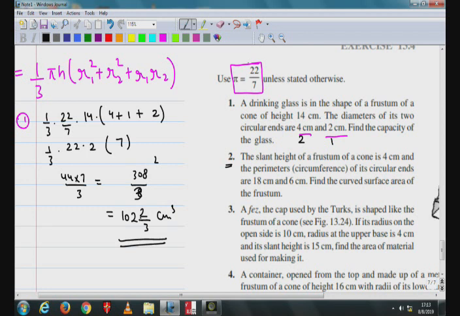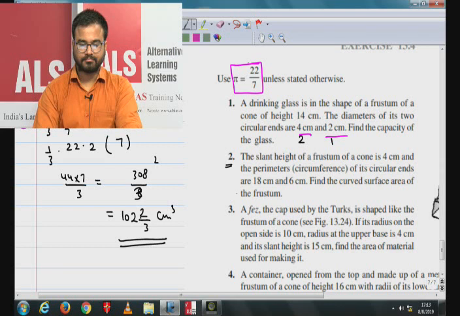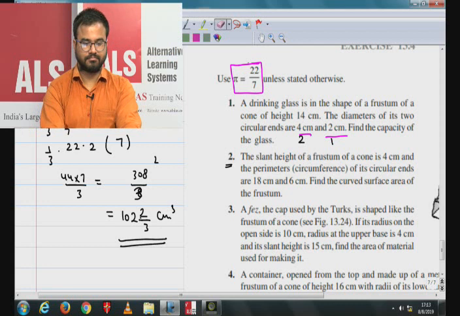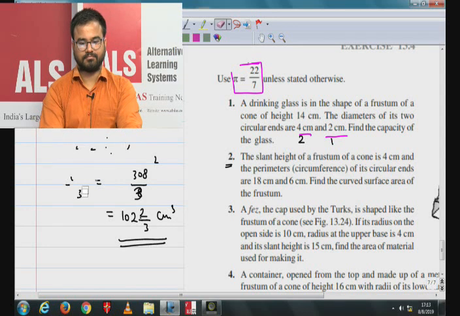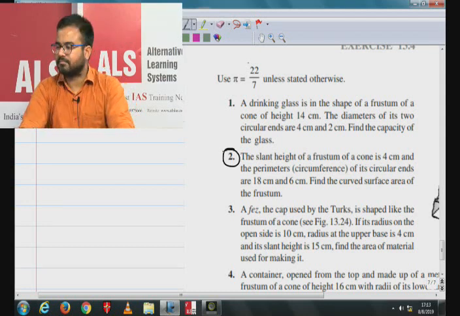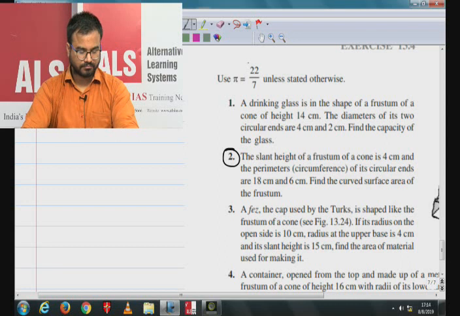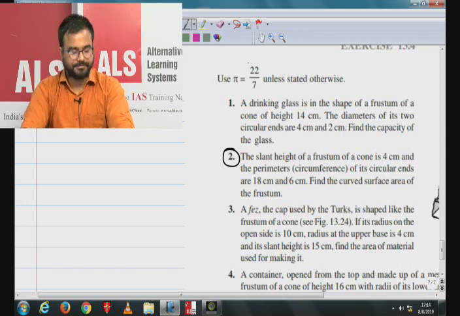Find the curved surface area of the frustum. That's right, Sisipur. Correct. You can try the third one.